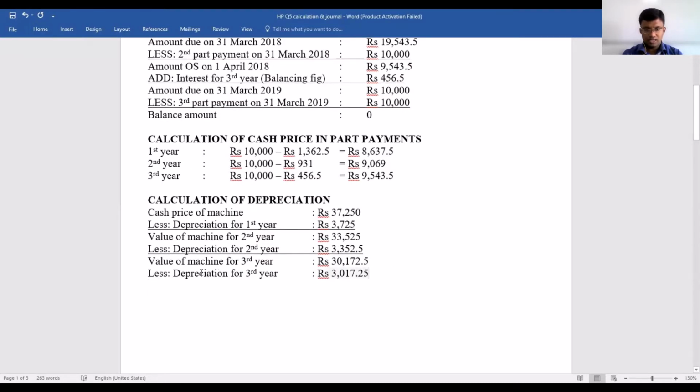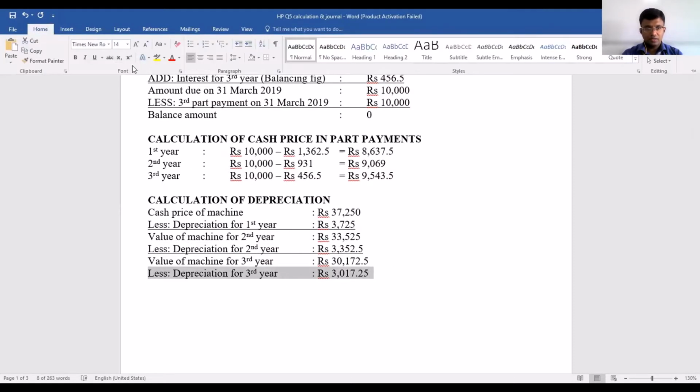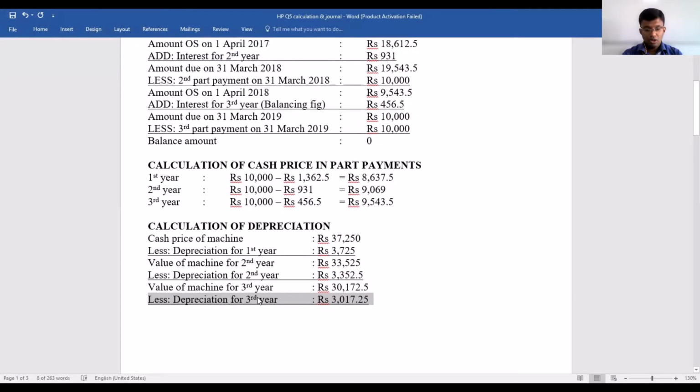We have completed the depreciation calculation for all the 3 years. So with that, we have completed the depreciation calculations as well, according to reducing value method.